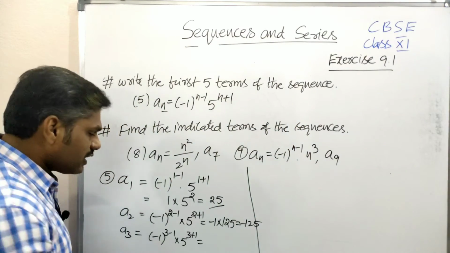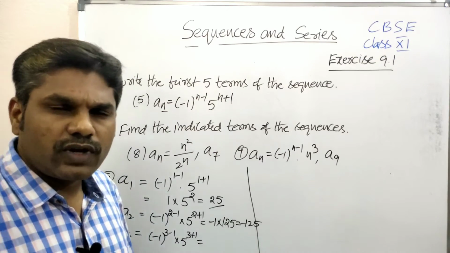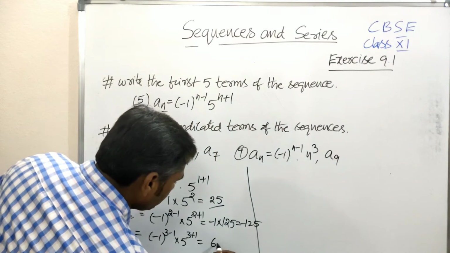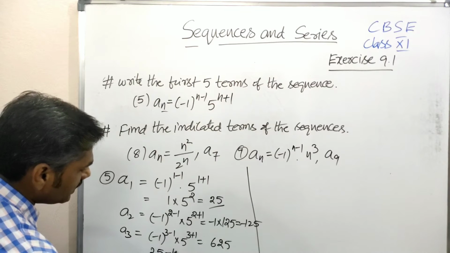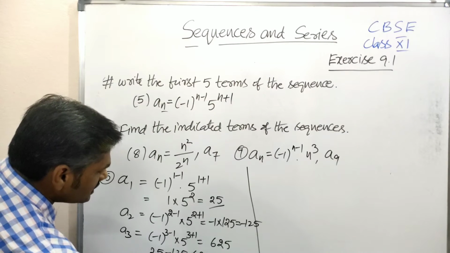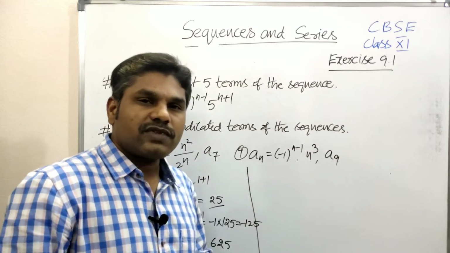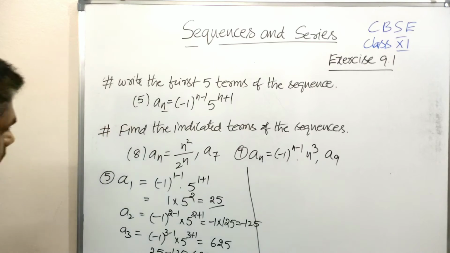Therefore you will get a plus value here, and this will become 5^4. 5^4 is nothing but 625. So the three terms are 25, -125, 625. These are the required terms of the sequence whose nth term is given.